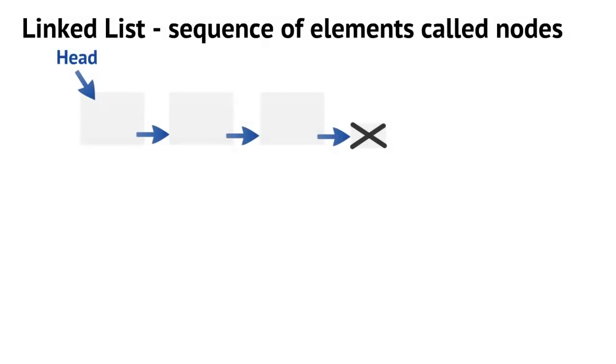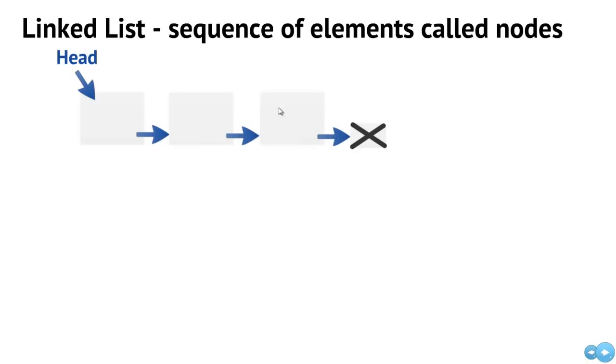All right, so I'm going to go ahead and wrap up this video by just doing a quick summary associated with this linked list structure. We think of a linked list as simply a sequence of elements called nodes, and we would have some sort of link or pointer here called a head pointer or a head link that gets us to the very first node, and then the way we get to the subsequent nodes is by following these links or pointers.